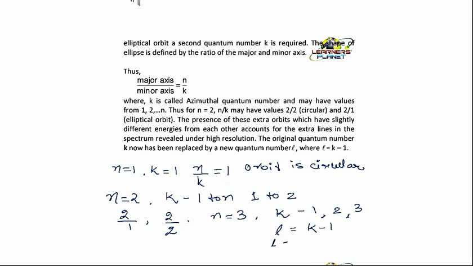So how many orbitals would be there? It would be 2, that is just n minus 1. We did that. So L would have 2 values.